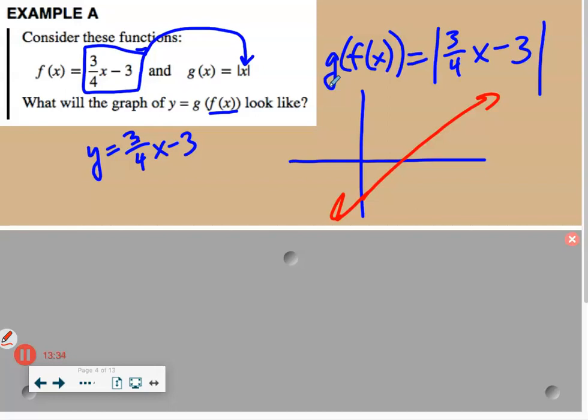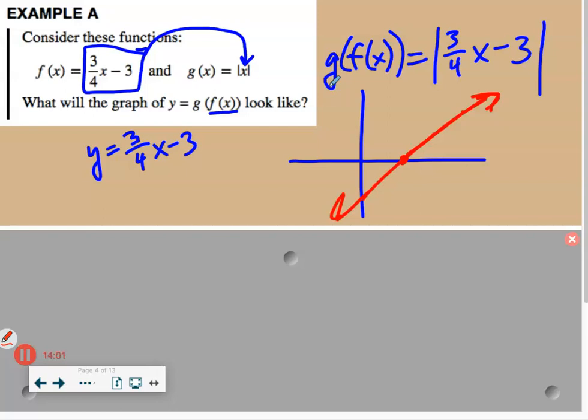All of these numbers have positive y value. Every number from this point forward is already positive. Does everyone understand that? Because it's above the x-axis, they're all positive already. So the absolute value of these doesn't change it at all. But these are all negative.